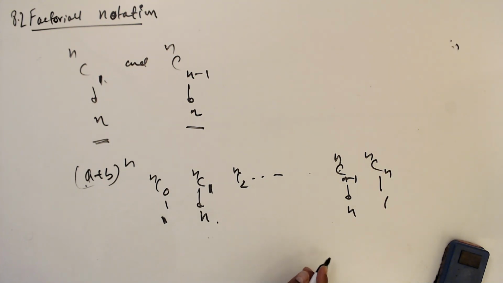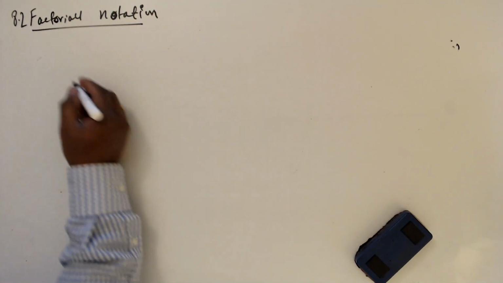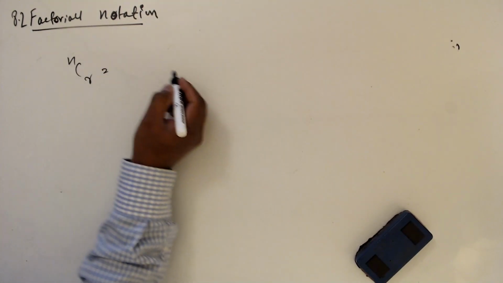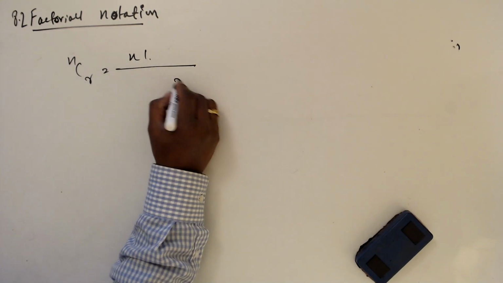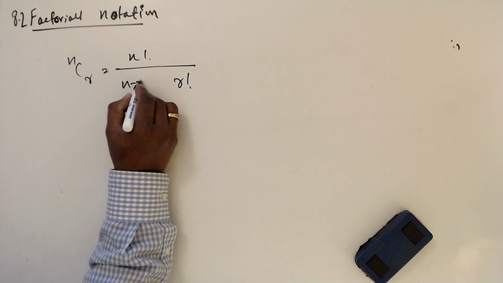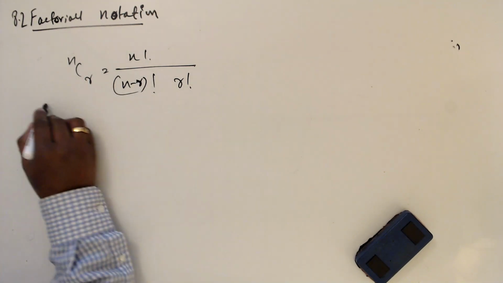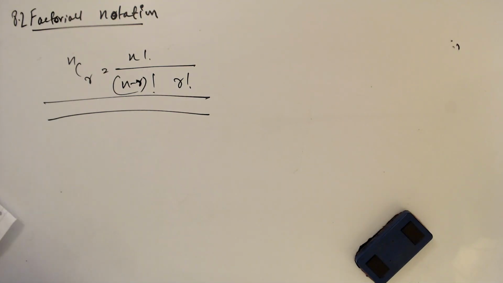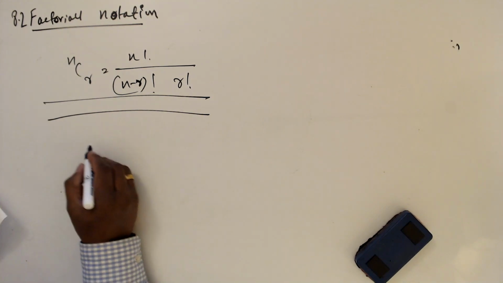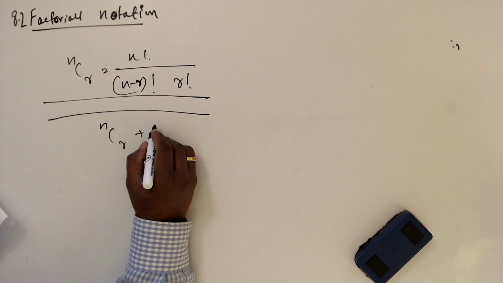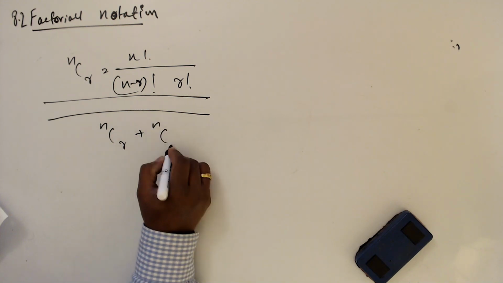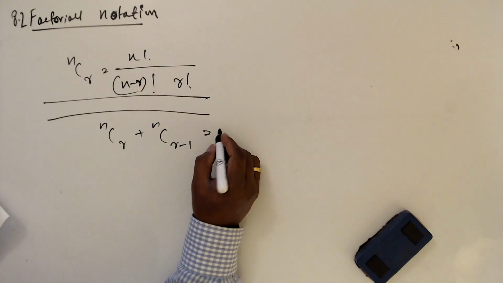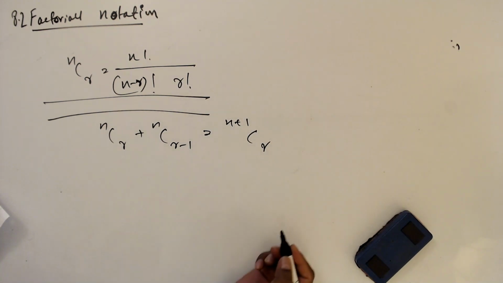In general, nCr we can write as factorial n over r factorial and n minus r factorial, the difference. And also we can prove a standard one: nCr plus nC(r minus 1) equals (n plus 1)Cr.